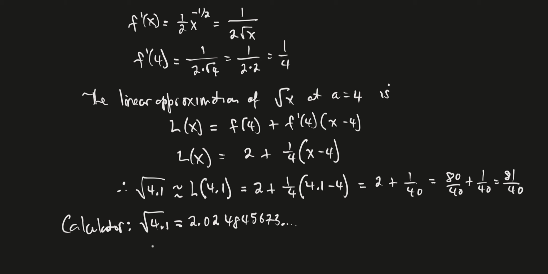But then here's our linear approximation, our 81 over 40, or just 2 plus 1 over 40, so that is 2.025.